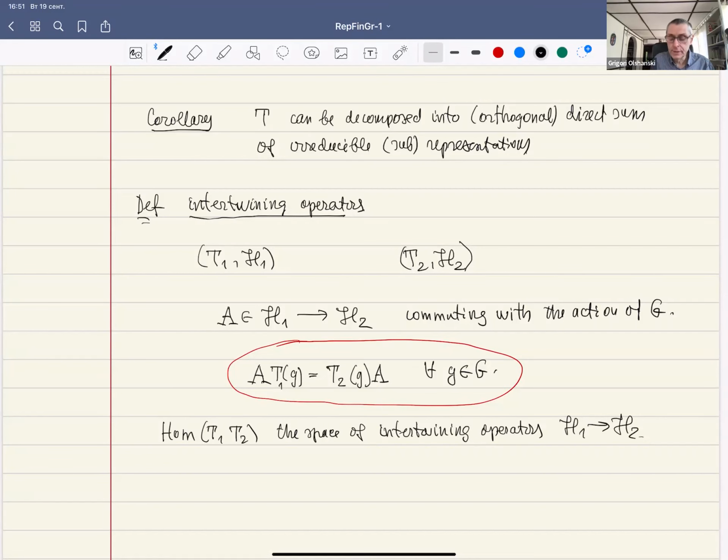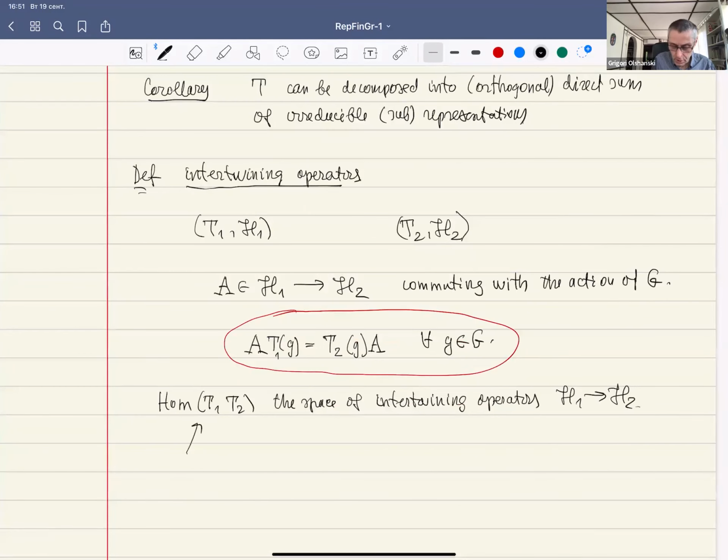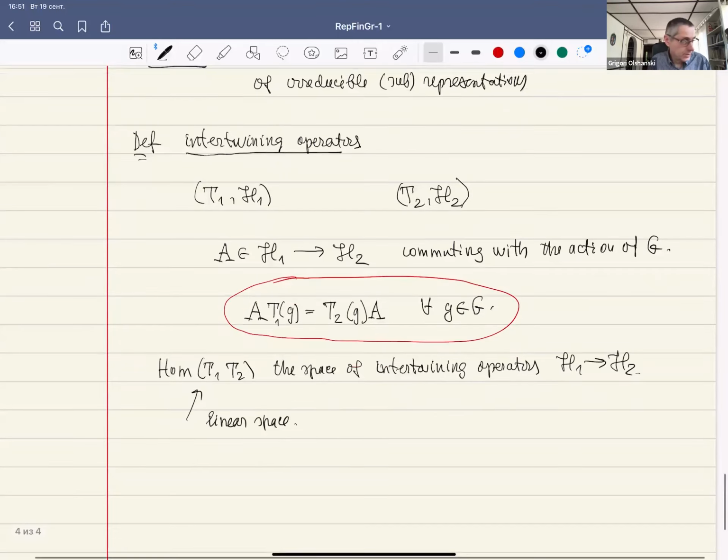And this is a linear space. It's easy to see because all linear operations, addition and multiplication by scalar, preserve the intertwining property. So this is some linear space.